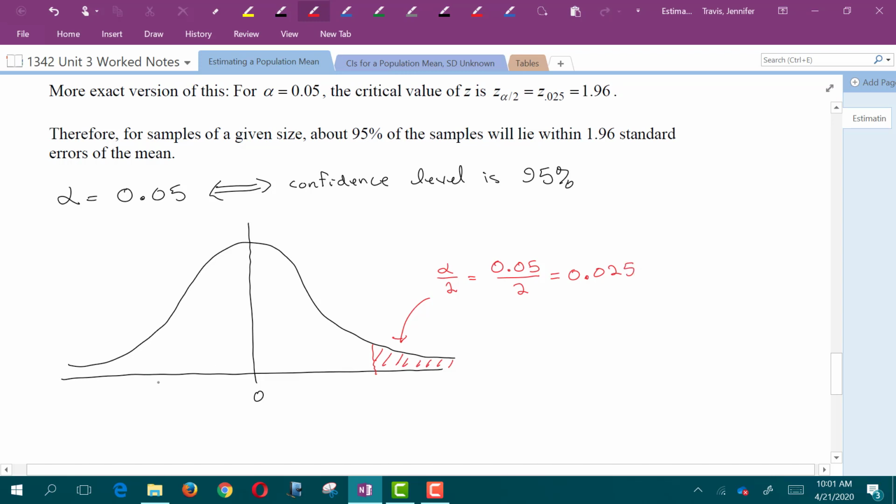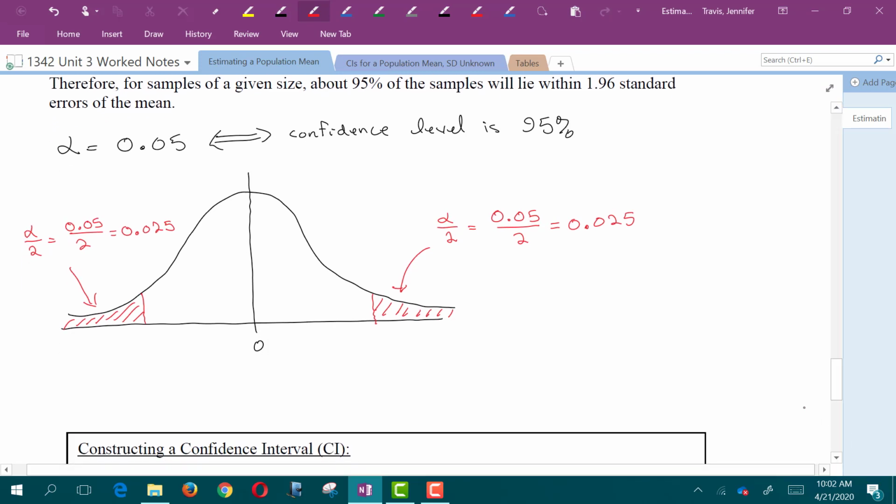Okay, so we're going to cut it in half. Over on the other half of the alpha goes on this end. So over here, we are also going to have alpha over 2. So we put half of our alpha in each end.